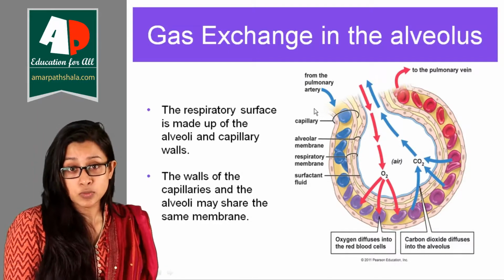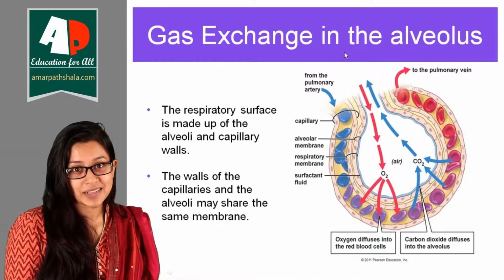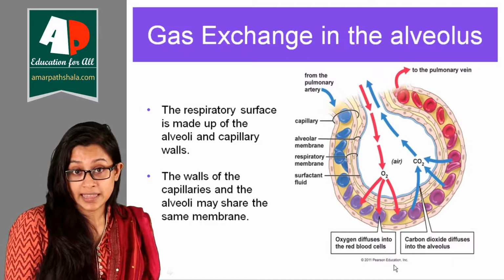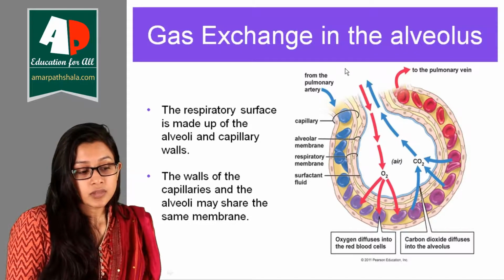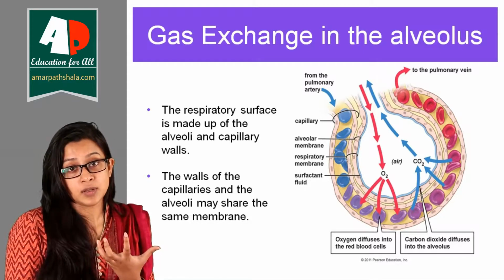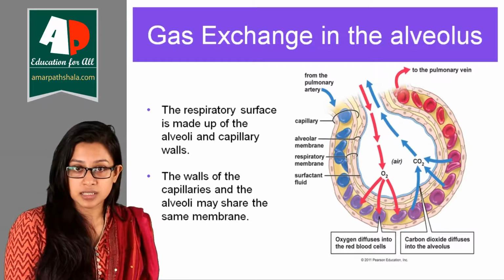And as they do so, the deoxygenated blood from the pulmonary artery surrounds the alveolar wall like this. And as we breathe in, the inside of the alveolus is filled with more oxygen than carbon dioxide.